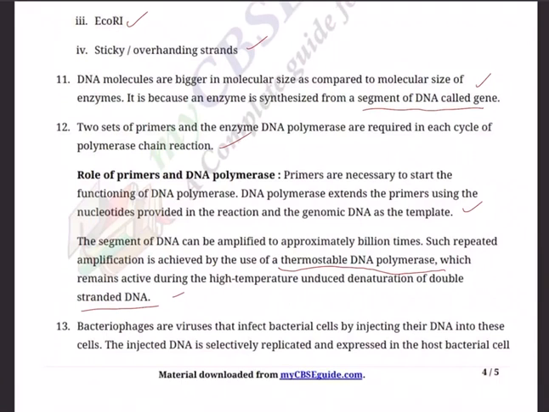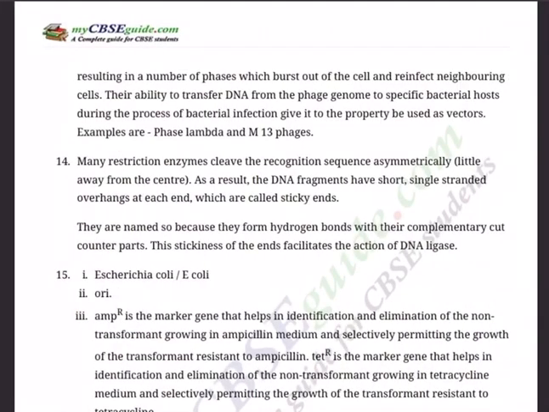Question number 13, bacteriophages are viruses that infect bacterial cells by injecting their DNA into these cells. The injected DNA is selectively replicated and expressed in the host bacterial cell, resulting in a number of phages which burst out of the cell and reinfect neighboring cells.